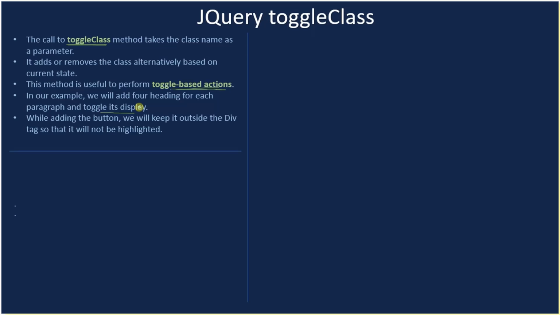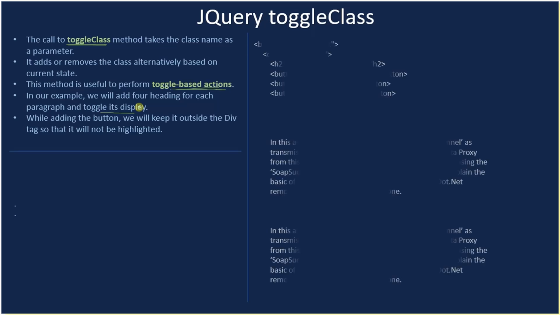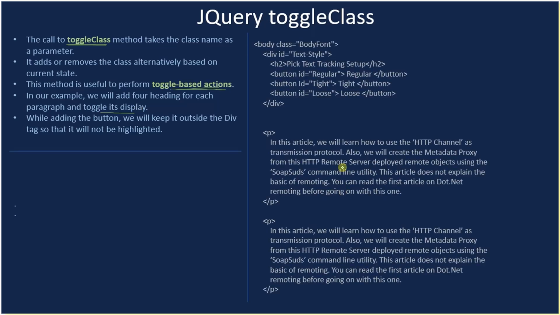While adding the button, we will keep it outside the div tag so that it will not be highlighted. That means if you see here, we already have some buttons, and these buttons are affected by the highlight. When you click the tight button, a border will be drawn around it.